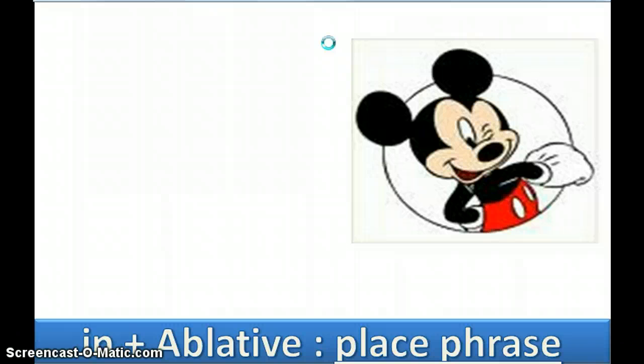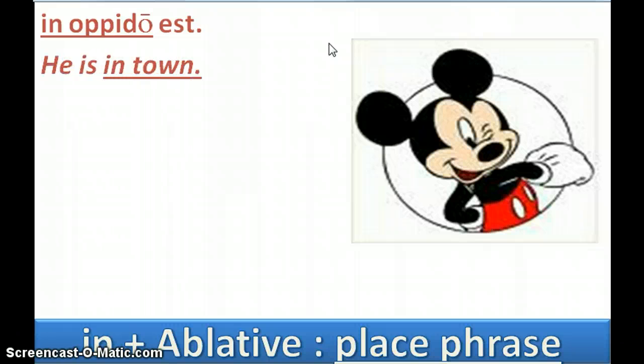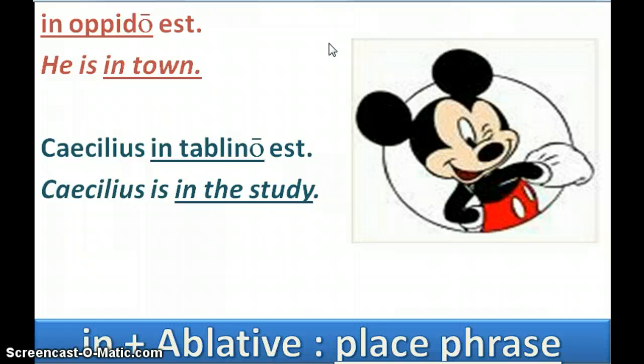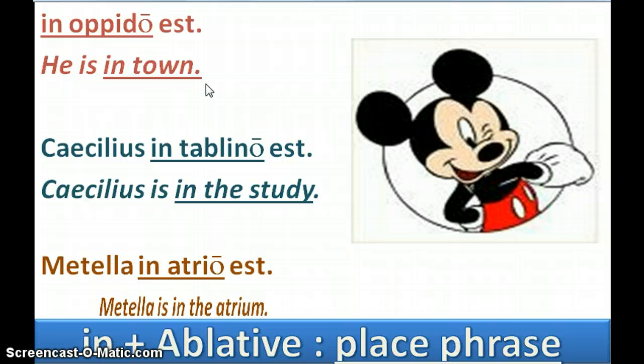Now, what about ablative? That other case with prepositions. What's a preposition? These little words. English has these prepositions. The only one we're learning so far is the little word in. And in at this stage will take the ablative. So you look for the ablative. That tells you where it is. So he's either in town or Metella's in the atrium.